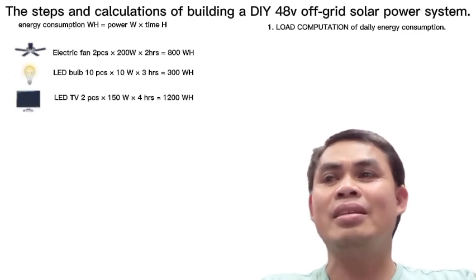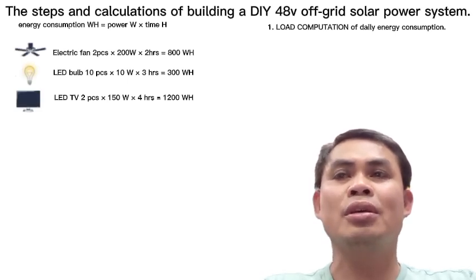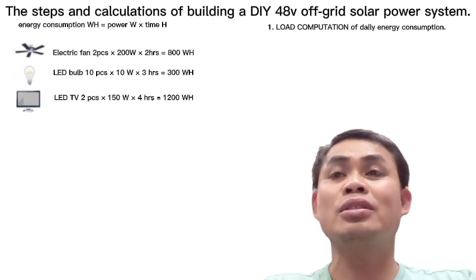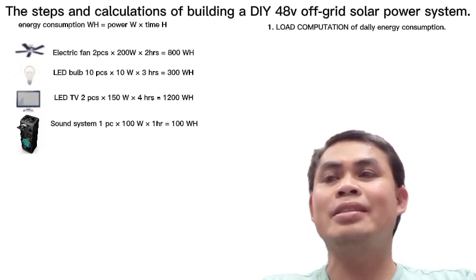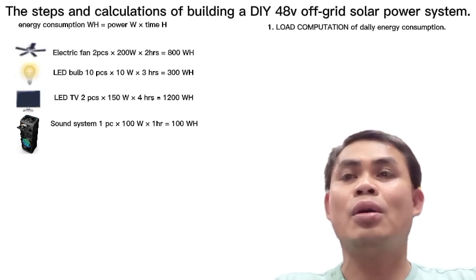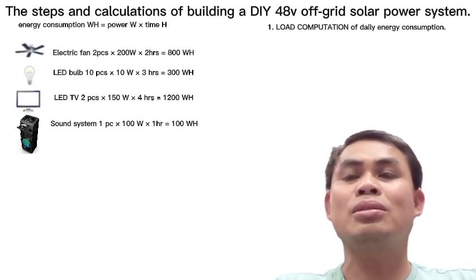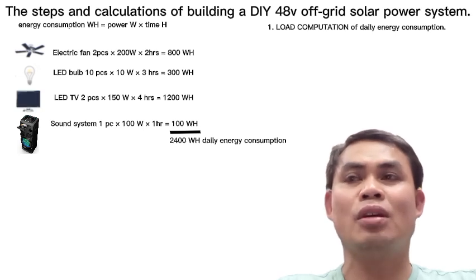LED TV is 2 times 150 watts times 4 hours use is equal to 1200 watt-hours. And sound system is 1 piece times 100 watts times 1 hour use is equal to 100 watt-hours, with the total of 2400 watt-hours energy consumption in a day.